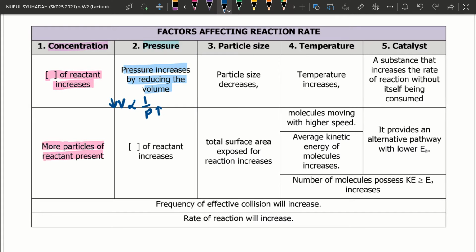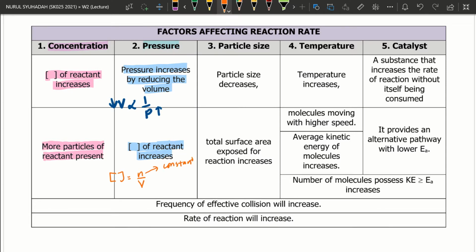And then what happens when this occurs? The concentration of the reactant will increase. How do we know that the concentration of reactant increases? When we look at the equation of concentration, concentration is number of moles over volume. The number of moles here remains constant.